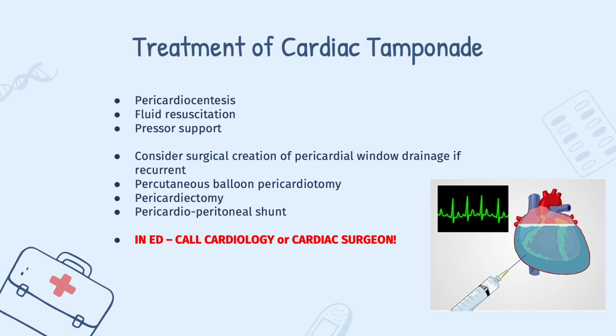Consider surgical creation of a pericardial window if your pericardiocentesis is not working. In the emergency department, you're calling cardiology or a cardiac surgeon to do this. If you do end up working in CCU, you're going to get good at this.